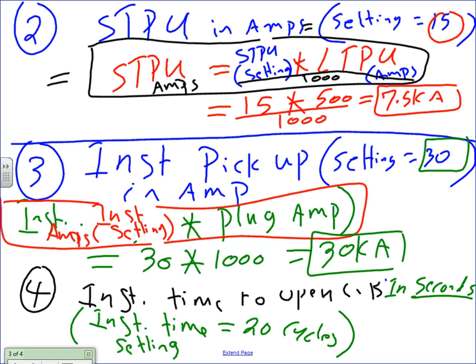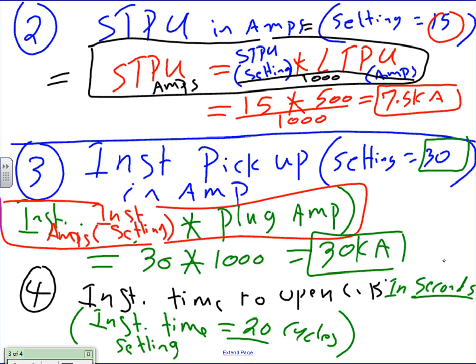So really, it's a fancy way of telling you, could you please convert the 20 cycles into seconds? Instantaneous time to open in seconds, if the setting is set at 20 cycles.